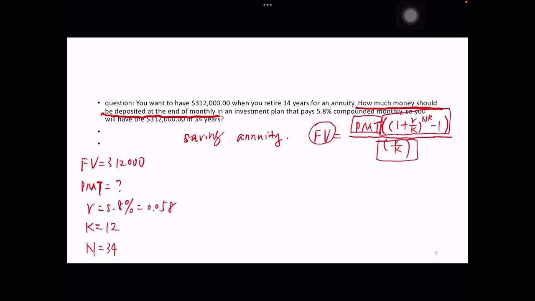So in order to solve for the payment, on both sides of the equation we need to divide by outer parentheses, inner parentheses, 1 plus R over K, close inner parentheses, raised to the NK power minus 1, close outer parentheses.